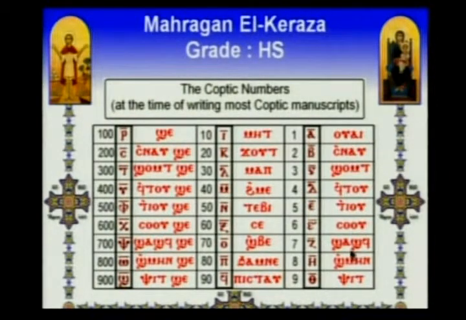In the first column we have 1, 2, 3, up until 9, and this is the alphabet going alpha, beta, gamma, delta, E, Su, zeta, eta, theta. This represents the first group, which represents the ones.